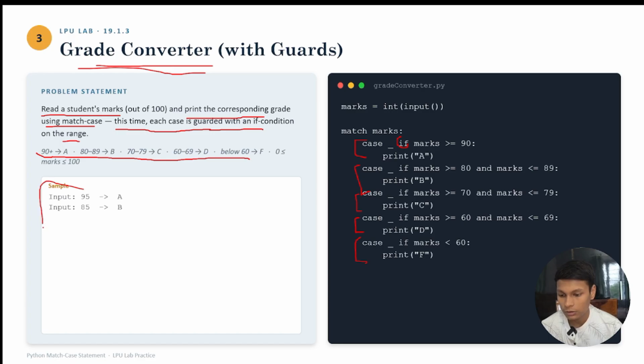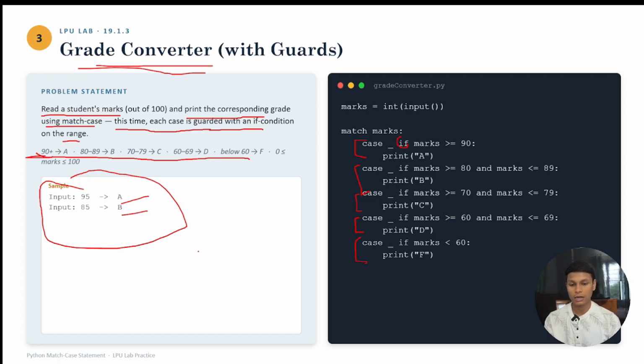A sample is also there. Input 95, output will be A, because 95 is greater than 90, so A will be printed. And 85 is between 80 and 89, that's why B was there. Okay, so let's write the code for this question.